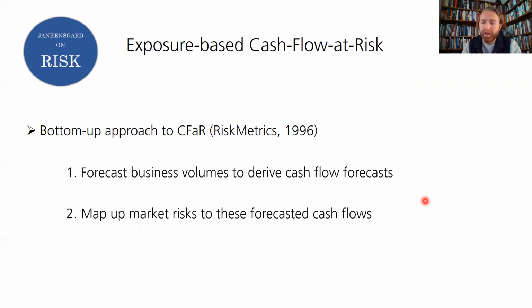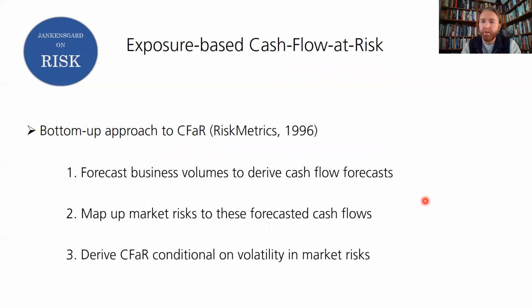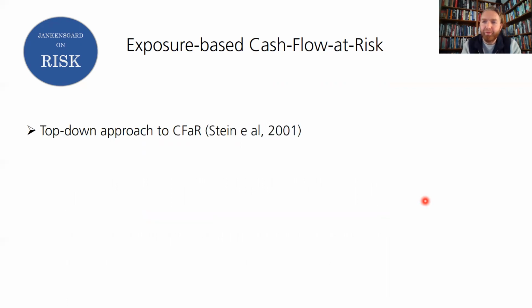So you describe that in your model, you quantify some link between market risks and corporate cash flows. And then you simulate the market risks and you derive a conditional distribution for cash flow, because you have specified a link. So whenever you simulate the market risks, you will get a conditional simulated outcome distribution for cash flow, from which you can derive any risk statistics, for example, cash flow at risk.